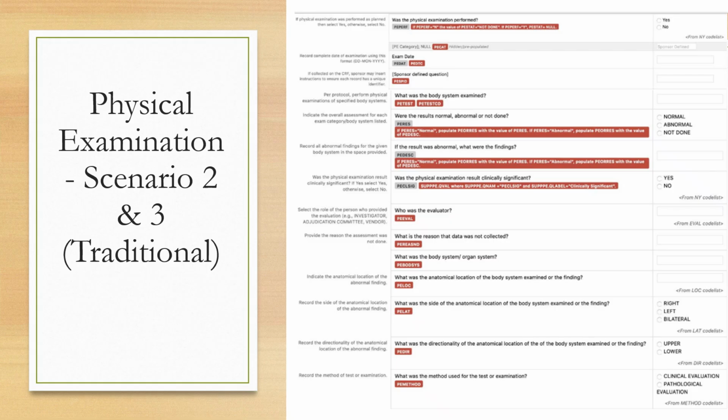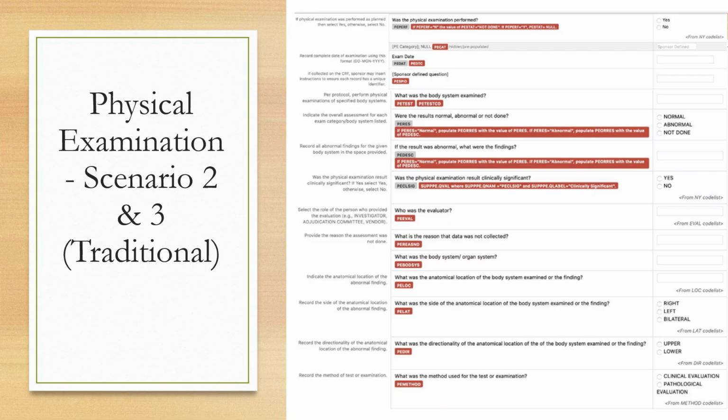However, in scenario 3, the physical exam CRF is used only at baseline, and during the post-baseline visits, if any observation is captured, that is an abnormality or the baseline condition worsens, it will be captured in your adverse event form and not in your PE form.